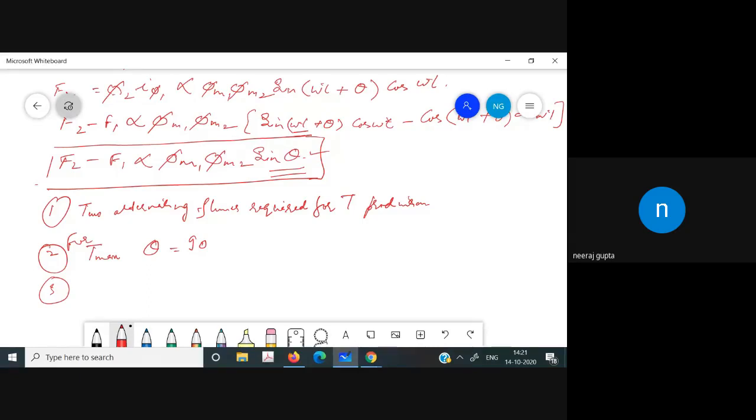It means that the resultant torque is steady and not a function of time. That is, time is not involved in the expression.